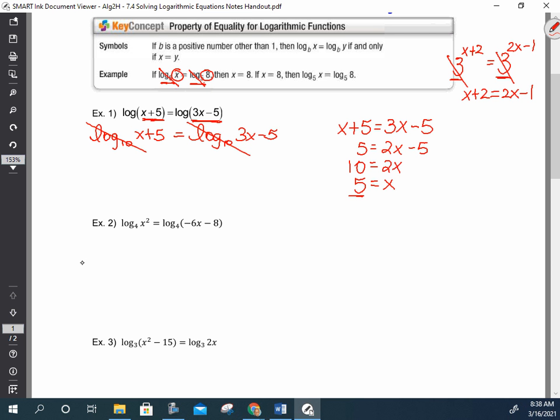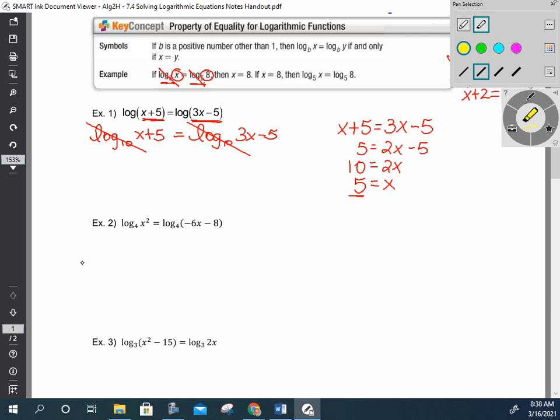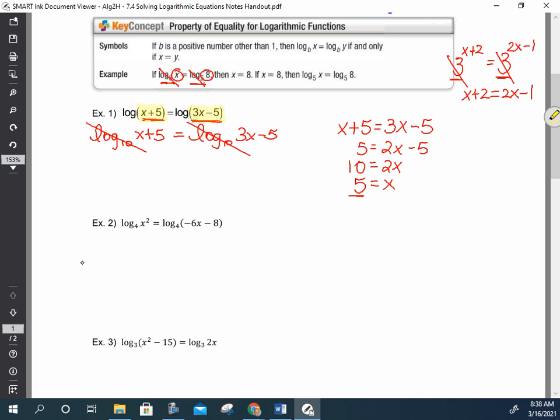Is that with every problem, that it can't be negative? That's for every logarithm. The part that comes after the log cannot be negative. If it pops off negative, it's not valid. You do not have to show the work for that unless the answer doesn't work.